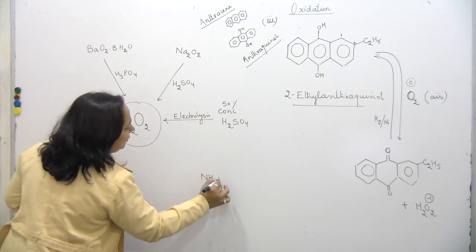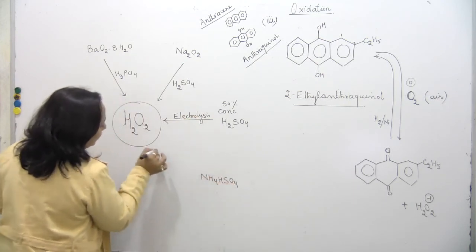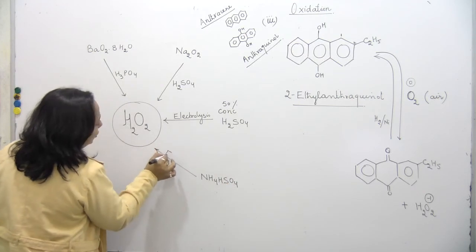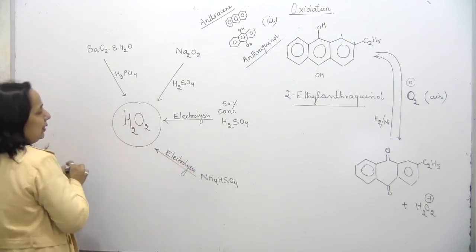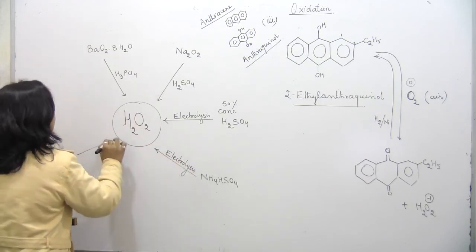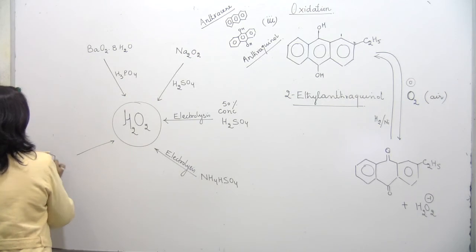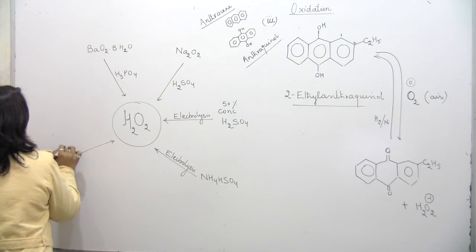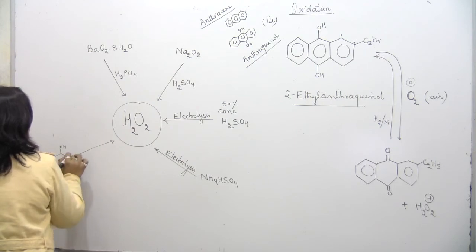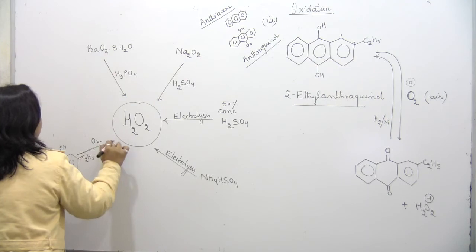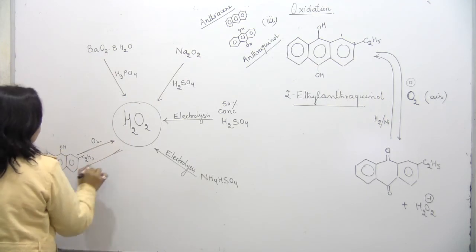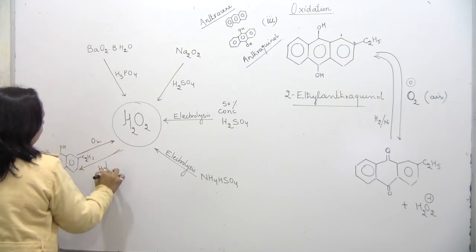Ammonium hydrogen sulfate. Electrolysis of ammonium hydrogen sulfate. And then we have method from ethyl anthraquinol to ethyl anthraquinol with aerial oxidation, we can get hydrogen peroxide.